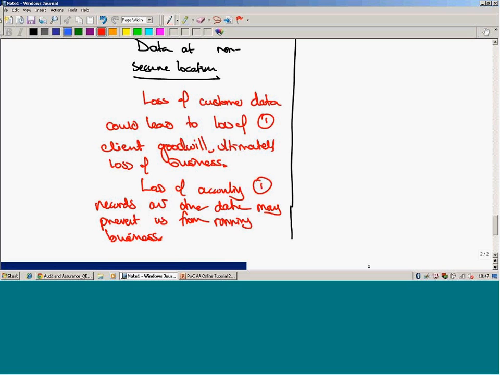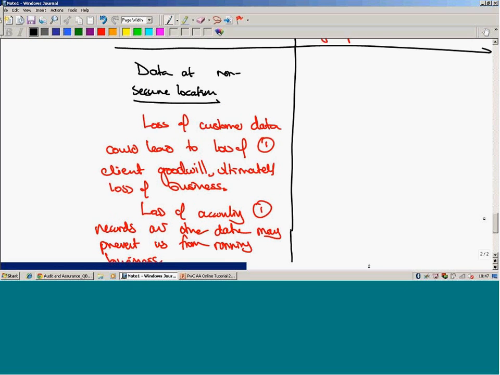What are some potential recommendations then? Password changes, that's going to be a recommendation for the second bit. What I'm thinking about now is what could I do about access to stuff that's stored in a non-secure location?